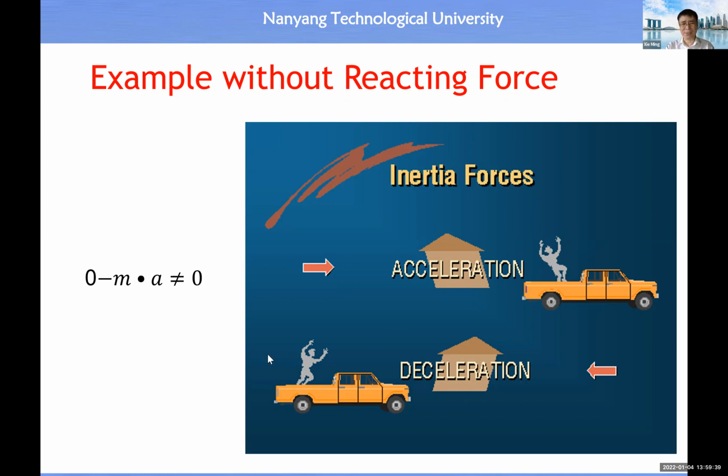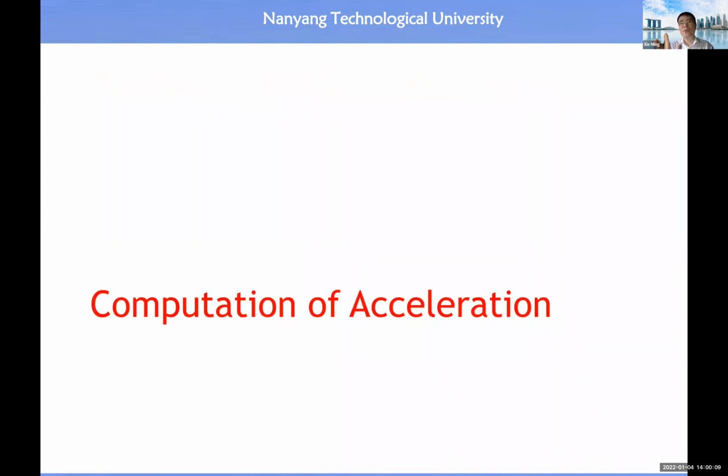Deceleration will also produce inertial force. And since the reacting force to the inertial force could not apply to the body of this person, this person will fall forward. If it is acceleration, he falls backward; here he will fall forward. So this is a typical scenario. I believe every one of you has similar experience in your life. So that's the physics about acceleration.